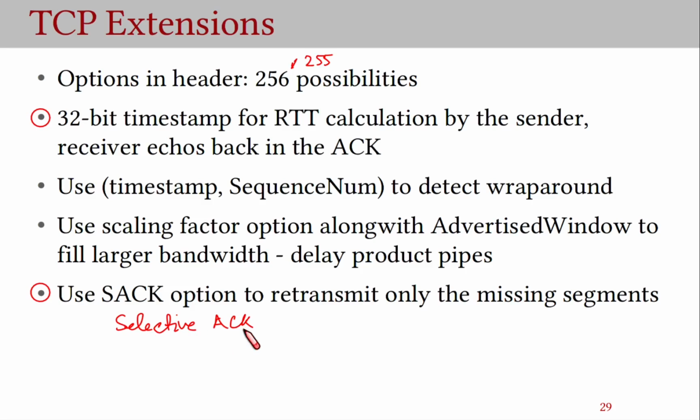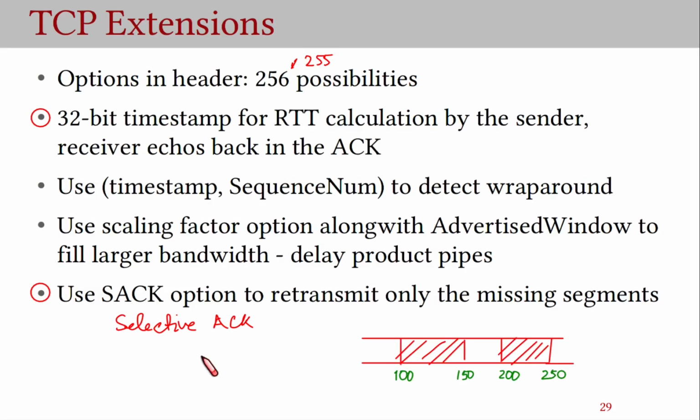This helps the sender because it now needs to only retransmit the missing bytes. Suppose bytes 100 to 150 are received in order and acknowledged, and if the SACK option is used, the receiver can also acknowledge out of order bytes, let's say bytes 200 to 250.